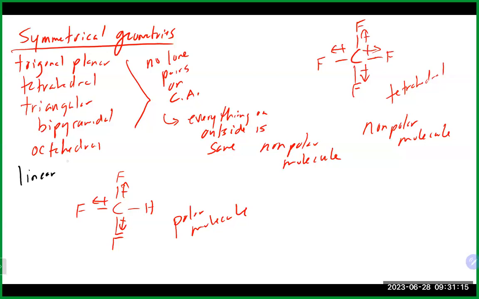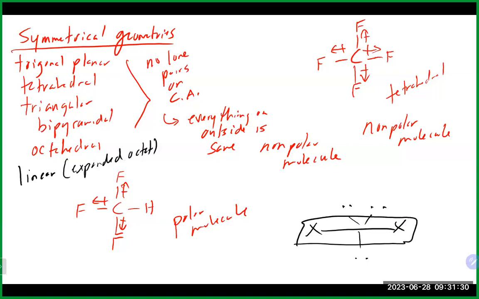It is the linear that is the expanded octet, the one that looks something like this, where it's got the dots. That linear right there, the 5 and 2 linear guy in the expanded octet. That's because the non-bonding electrons are pretty symmetrical, and obviously we end up with basically a straight line. So that usually will end up in a nonpolar situation, as they will cancel each other out if they are the same.